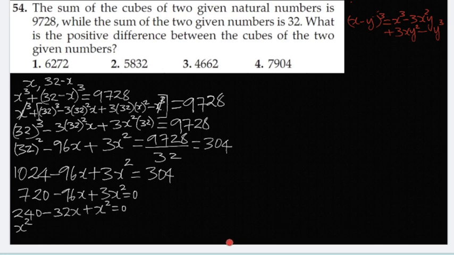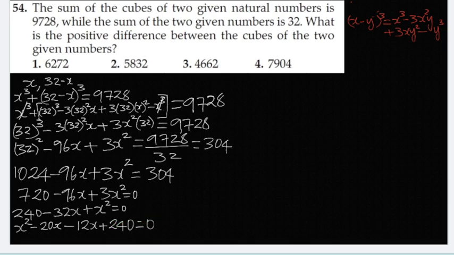The ideal numbers for this will be x square minus 20x, and 20 plus 12 will be 32, so minus 12x plus 240 is equal to 0.